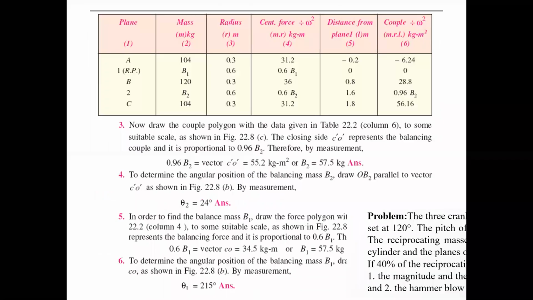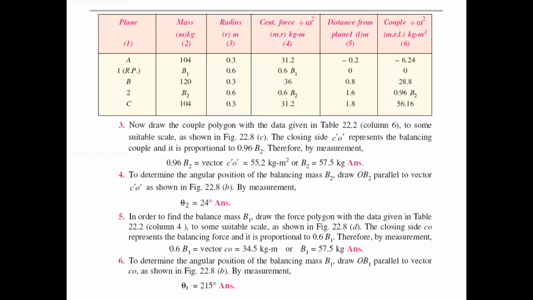Now we follow a procedure similar to the earlier one, and draw the tabular column. It consists of several columns: the first column is the planes, the second is the masses, the third is the radius, the fourth is the centrifugal force, that is the product of MR, and the distance from the reference plane, and the last is the couple.